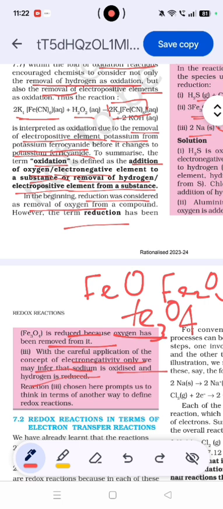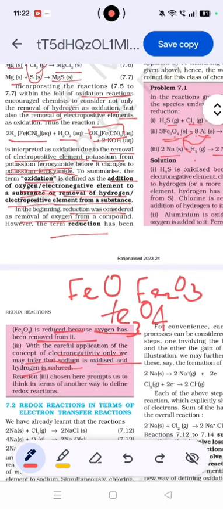See, hydrogen is added to sodium, and sodium is added to hydrogen. So when hydrogen is added to sodium, what do we say about sodium? Sodium has undergone a reaction called oxidation, and sodium is added to hydrogen. Since an electropositive element is added, hydrogen is reduced.